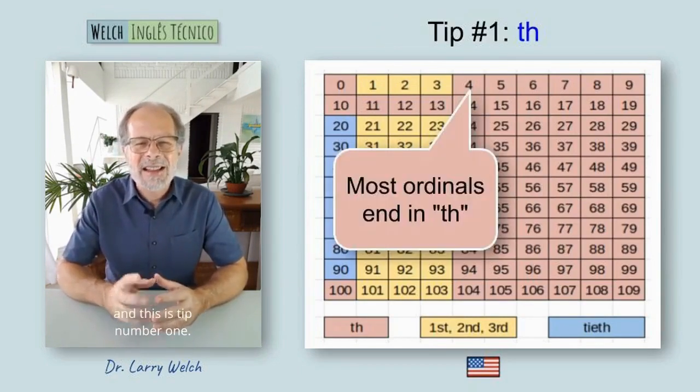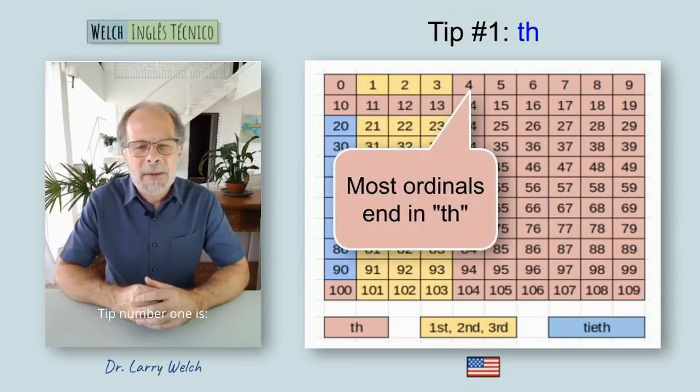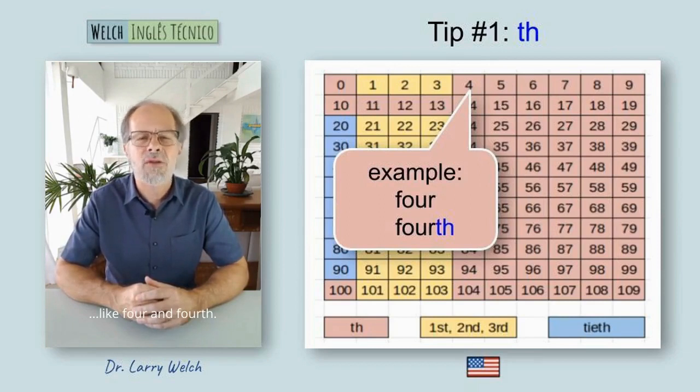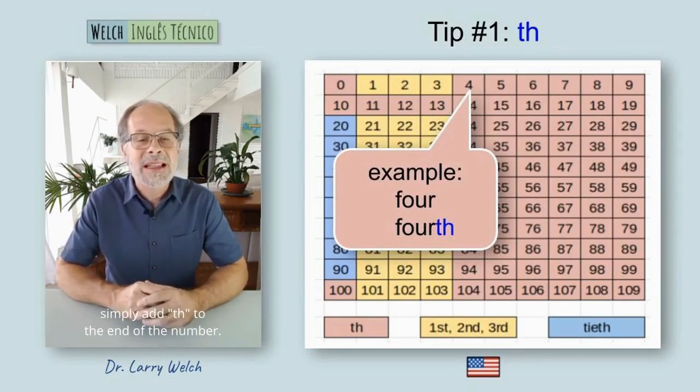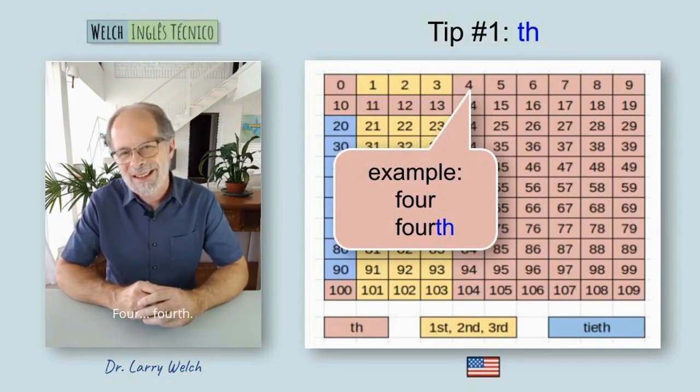And this is tip number 1. Tip number 1 is most ordinals end in th, like four and fourth. So most ordinals simply add th to the end of the number. Fourth.